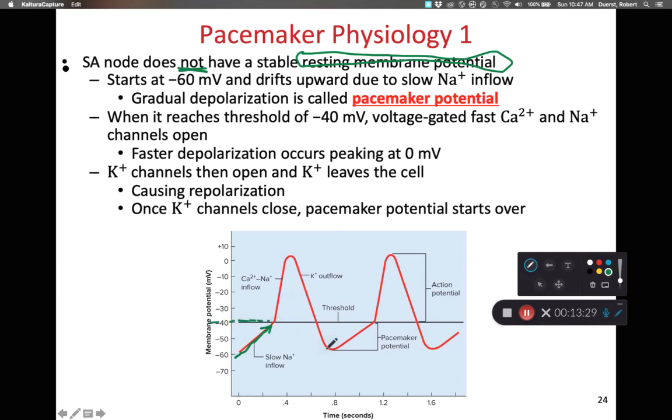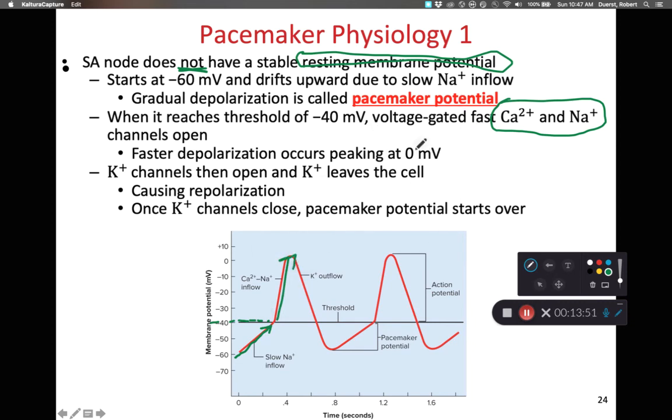And once we reach threshold, calcium and sodium voltage-gated channels pop open, and those ions rush in. Because we're letting both calcium and sodium ions rush in, we're going to have an incredibly fast depolarization event.